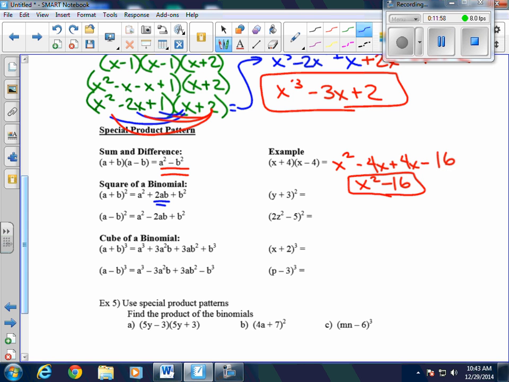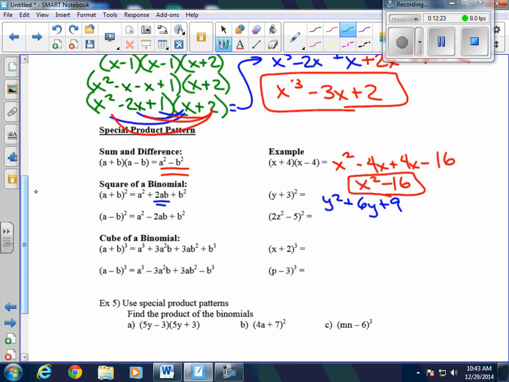Notice that middle one is double multiplying those 2 together. So here, it's going to be y squared plus 3 times y is 3y times 2 is 6y. And so that's what we get on that one. Now, if you're not sure how to do these square of the binomial or whatever, you can simply multiply them by foiling.